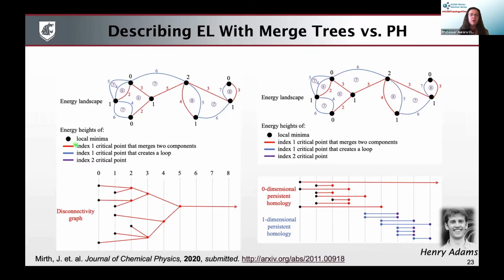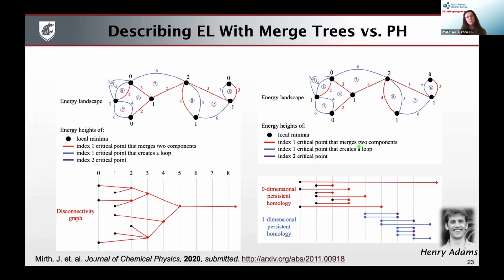And then we have different critical points that are connecting these minima. And some of these critical points are of index 1 and some of them are of index 2. Now, in a disconnectivity graph, you follow basically the red lines right here, which are just the lowest energy paths that connect one local minimum to another local minimum. And if you have multiple connectivity paths between different minima, that disconnectivity graph only chooses the lowest one.